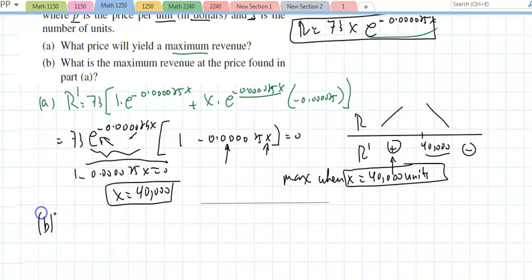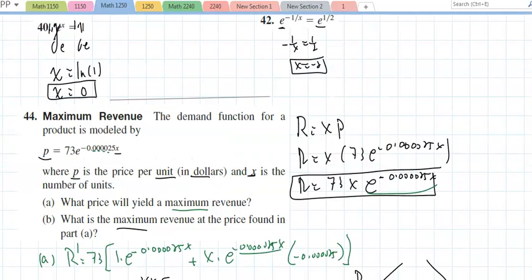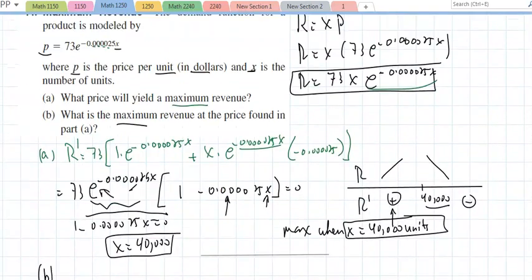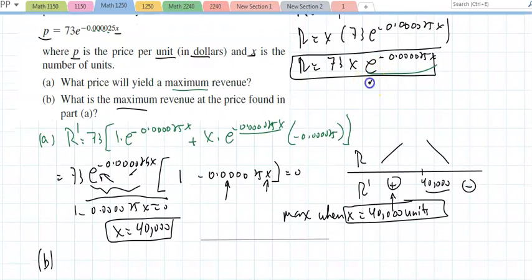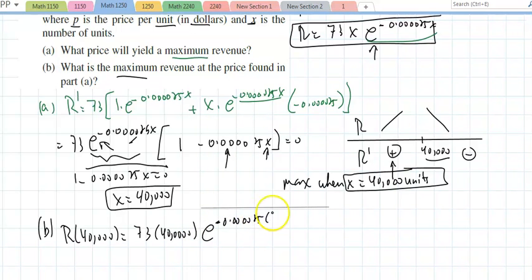To go for part B, I need to put some space. It's asking, what is the maximum revenue? Well, remember, the revenue function is right there. So if x equals 40,000, the revenue of 40,000 units is 73 times 40,000 times e to the negative 0.000025 times 40,000.